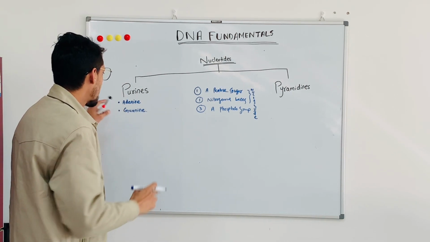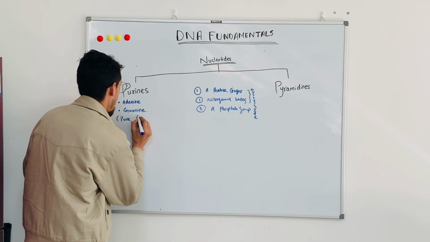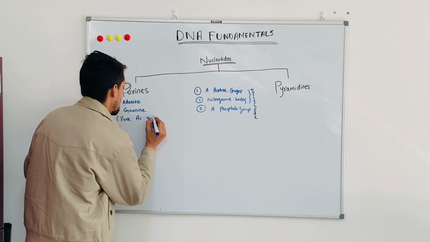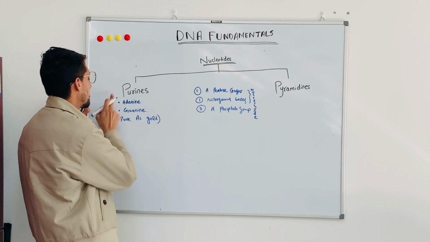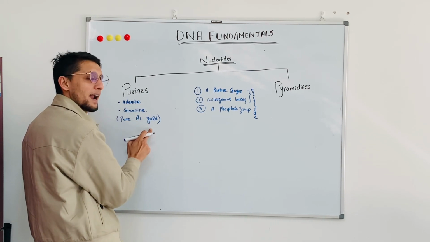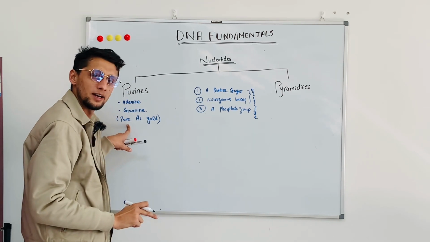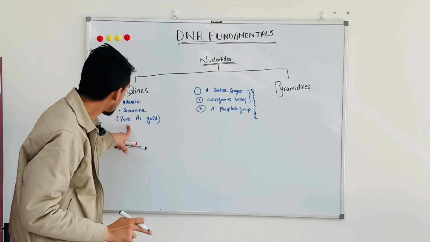Adenine and guanine, you can memorize it as "pure as gold." P is for purine, pure purine, A is for adenine, and G of the gold is for guanine. This mnemonic is written in the First Aid book.